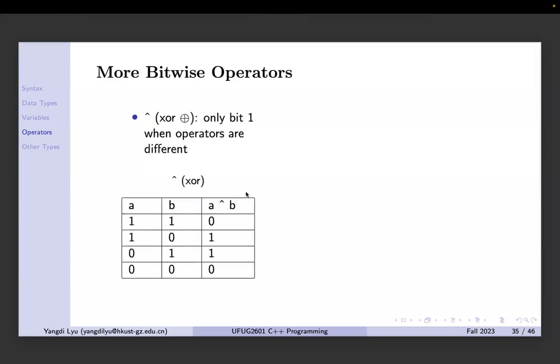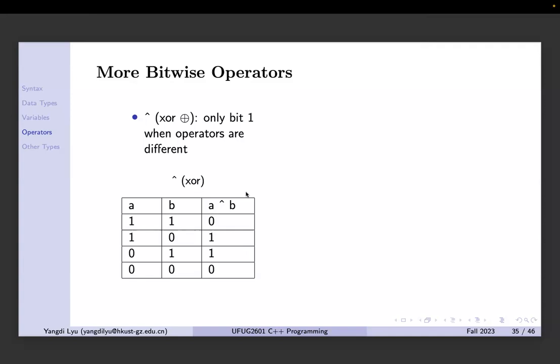One thing that's different is the XOR operation. So in bitwise operation, we have one more called XOR. This hat is XOR. So A XOR B means, are they different or are they the same? It's only 1 when they are different, right? If they are the same, the output is 0. So these are the basic operations.